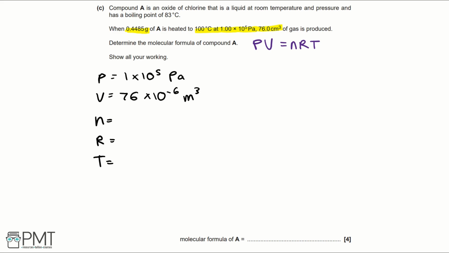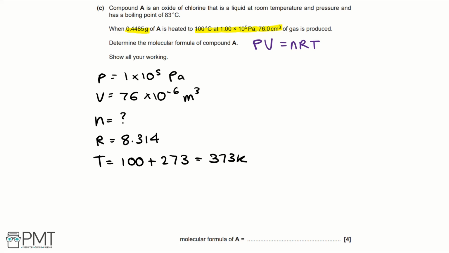Number of moles, we don't know, so we can leave a question mark because we're going to figure this out. R, we get given in our data sheet, is 8.314. And T stands for temperature, so it'll be 100 degrees Celsius plus 273 equals 373 Kelvin, because we're converting degrees Celsius into Kelvin for this equation.